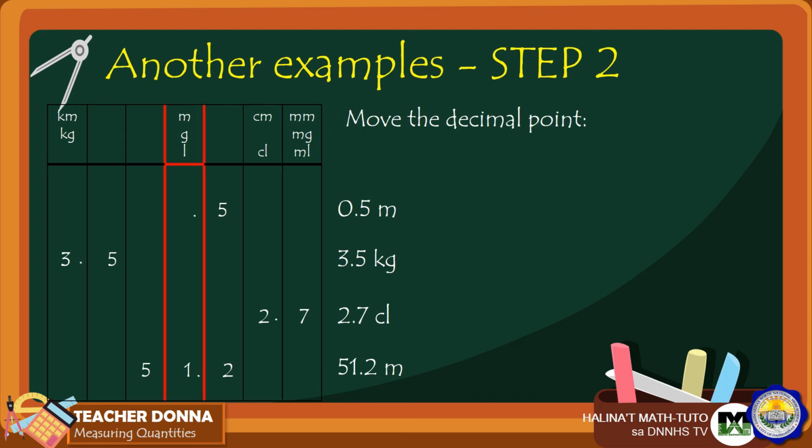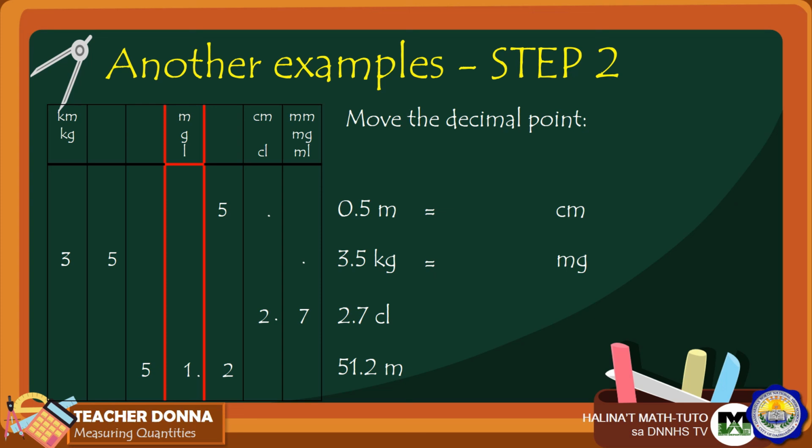Next, step number 2, move the decimal point. So, from 0.5 meters, gagawin natin siyang centimeter. So, i-move natin yung decimal point. Ayan. Next, 3.5 kilograms. So, yung point natin, decimal point, ay nasa column na kilograms. So, move natin siya.